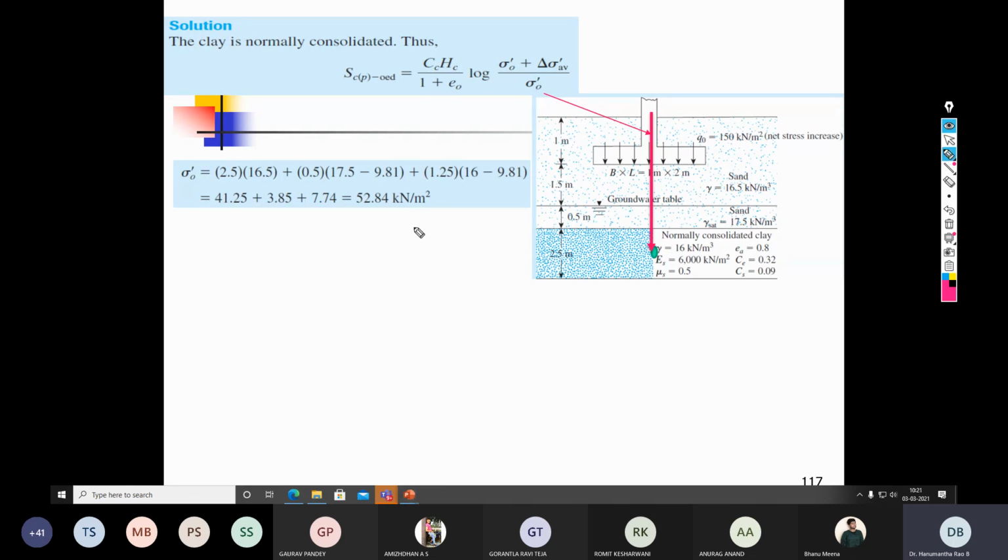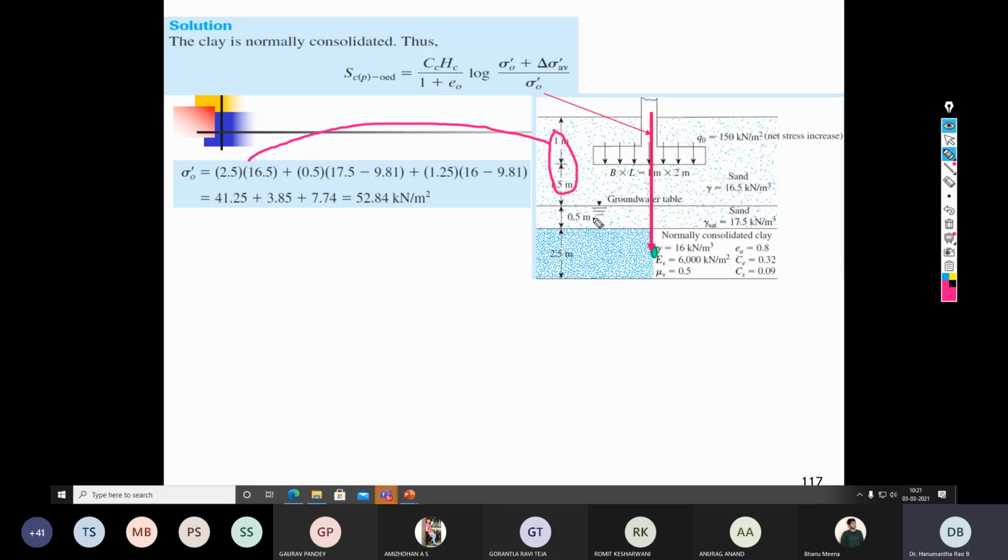Here it has been shown how to calculate sigma naught dash, the initial effective overburden pressure. First is 2.5 by 16.5. Since this layer is above the water table, it is 16.5 into 2.5, no problem.